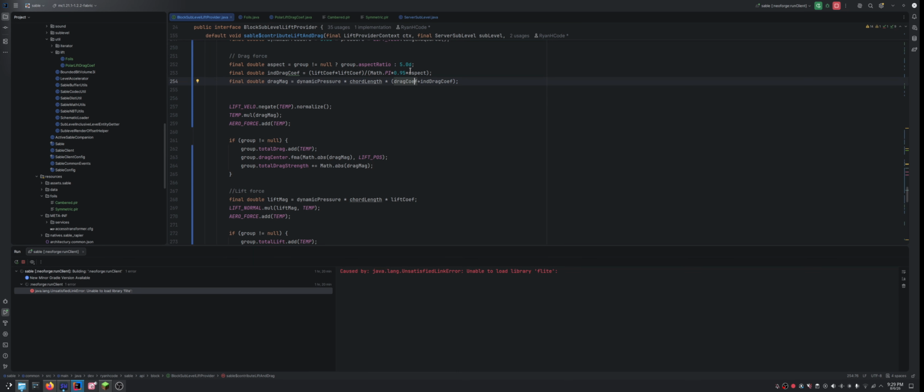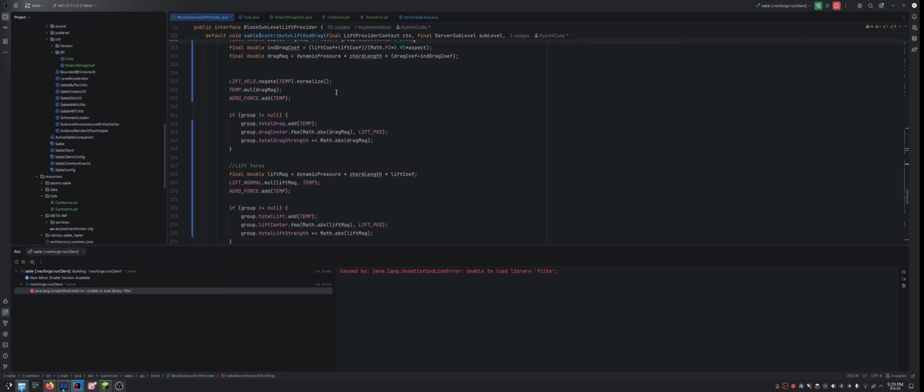I actually hijacked the flood fill in the group code, which I now make run all the time to get that aspect ratio. For whatever reason, if a group doesn't exist, I just assume the aspect ratio is 5. However, I'm pretty sure that because I made it run all the time, it should always be there.